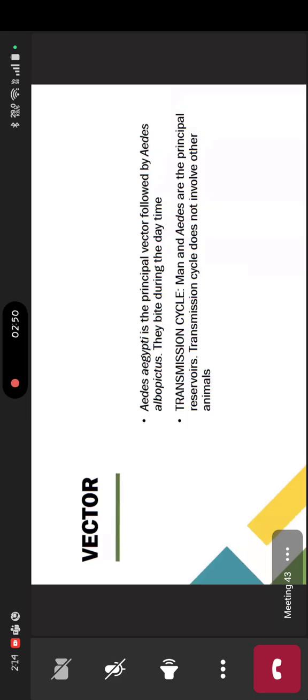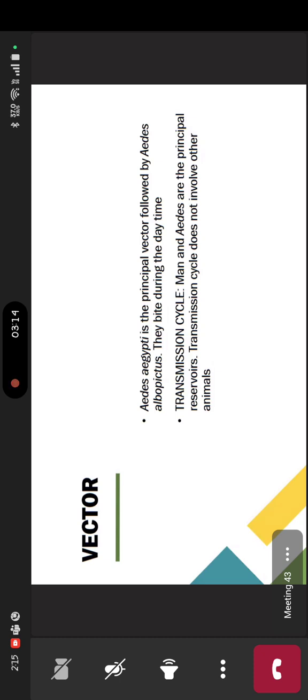We will also discuss the symptoms. So how does this disease occur, how is it transmitted from one person to another, or from the vector to human beings, right? Suppose I am suffering from dengue, how does the virus enter inside my body?